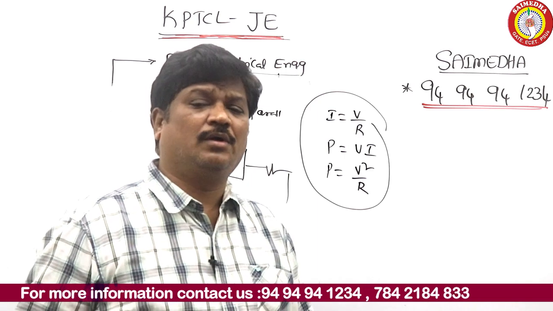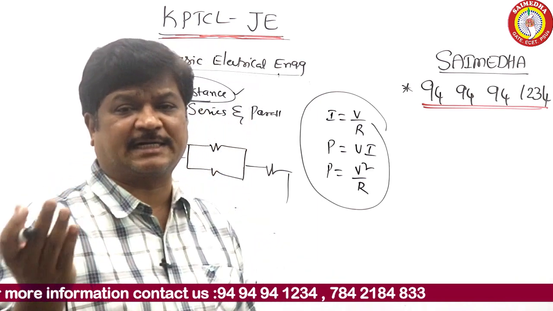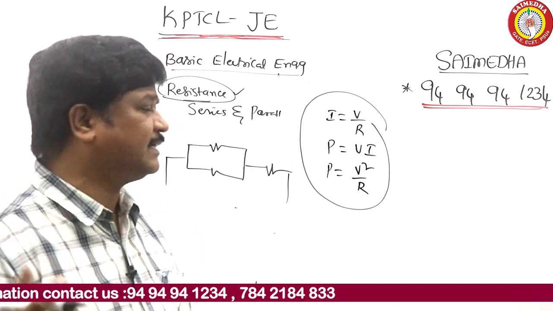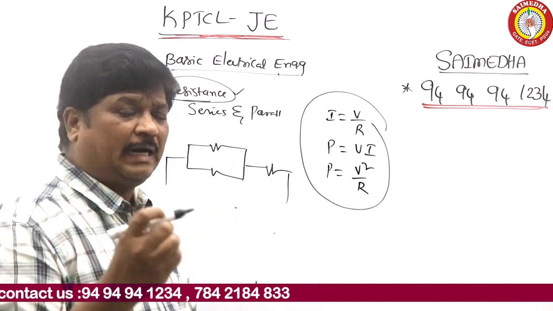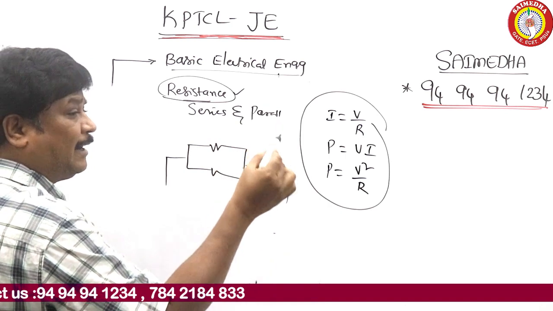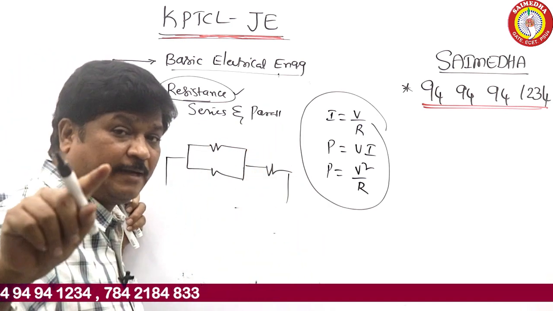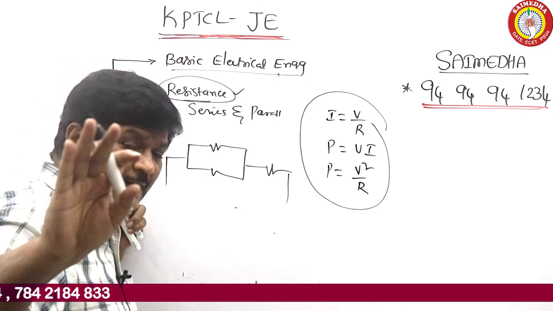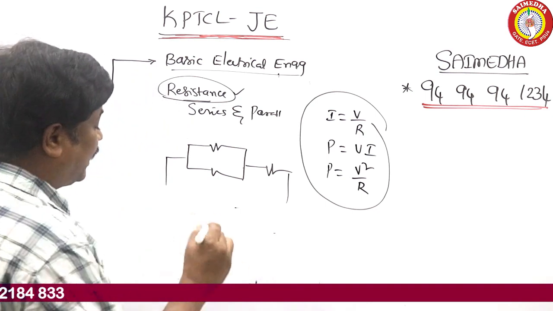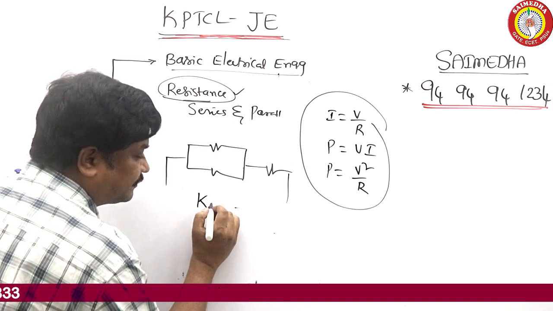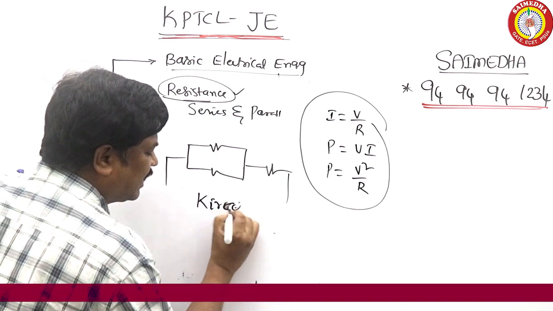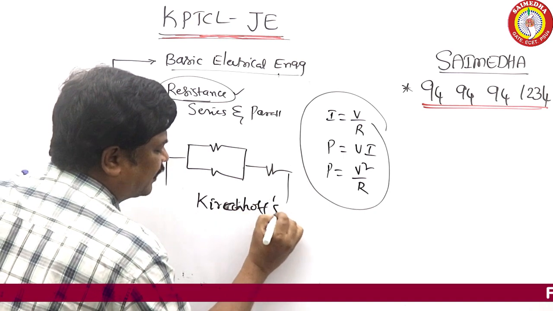And also lamps, how the lamps are connected, series and parallel, which lamp will glow bright and which dim, like that they will give. And after series and parallel, the basic laws: Ohm's law and Kirchhoff's laws. Kirchhoff's laws is a very, very important topic.